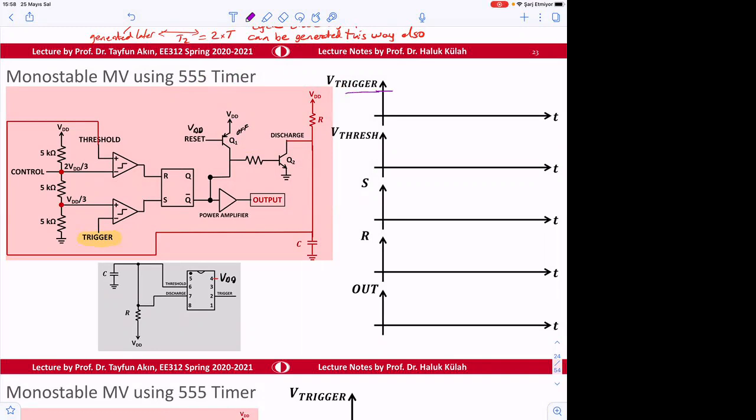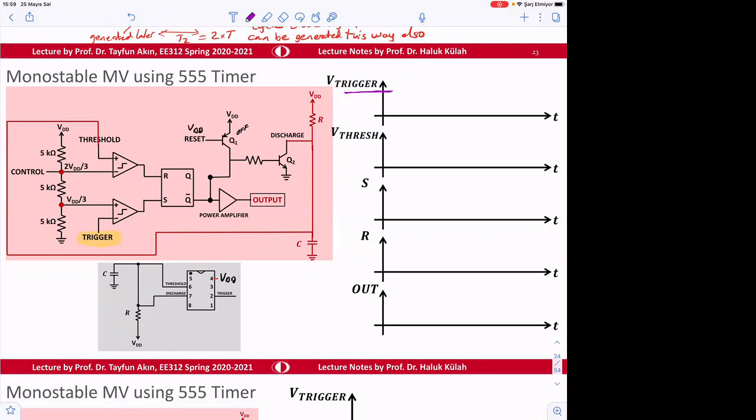Normally, if this trigger signal is high, it won't be triggered, okay? So triggering means we put that into low state.